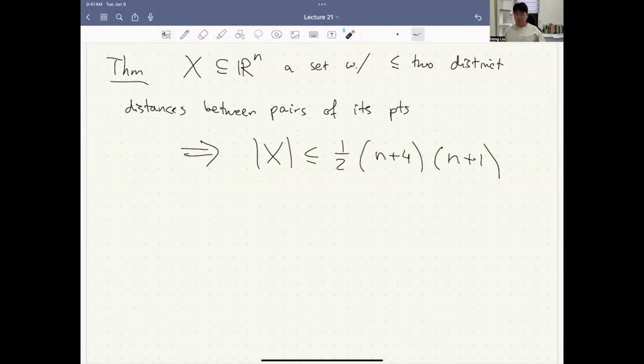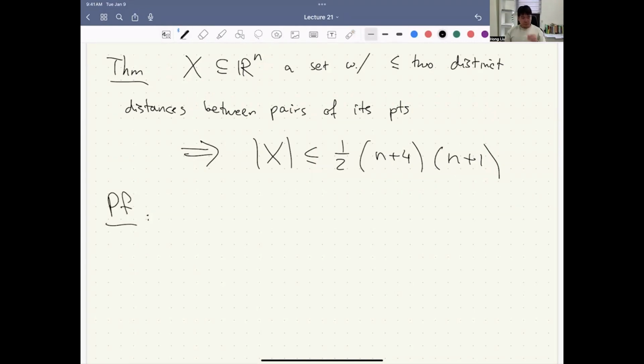As I said, our idea is to map X nicely to some vector space, or in other words, associate some vectors or polynomials to each one of these elements in X so that they are linearly independent. And for the space we live in, we can bound its dimension. So we're going to use this map.